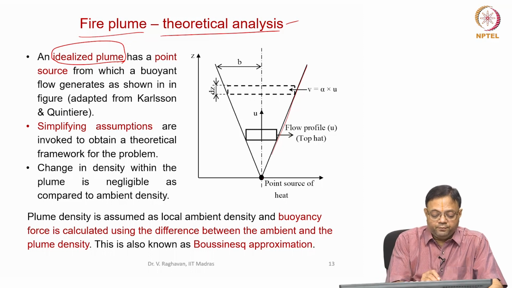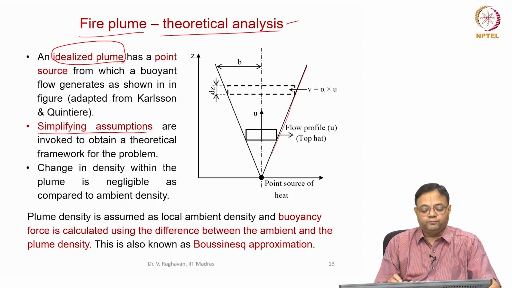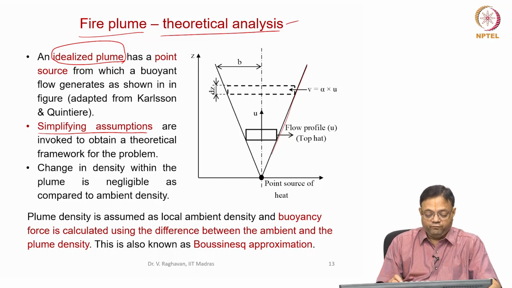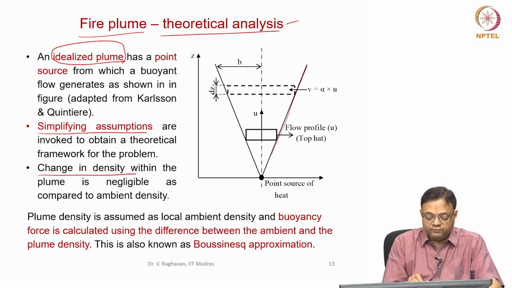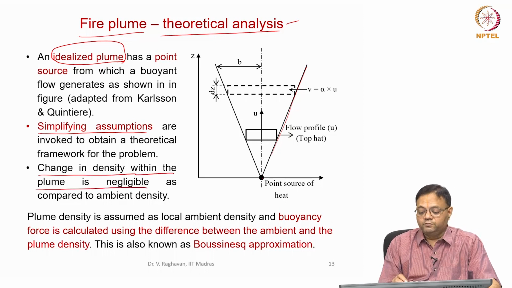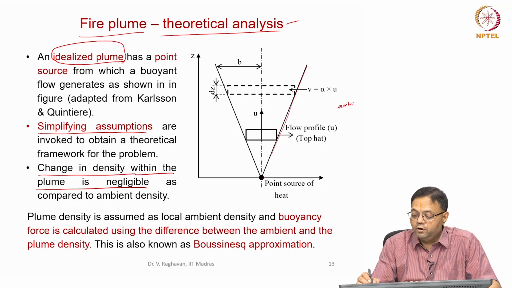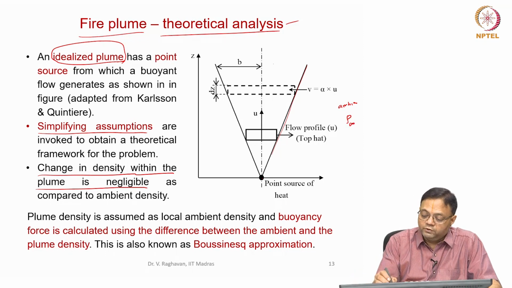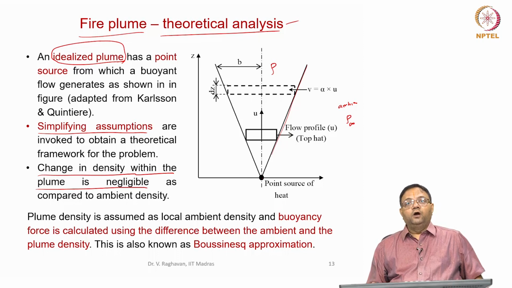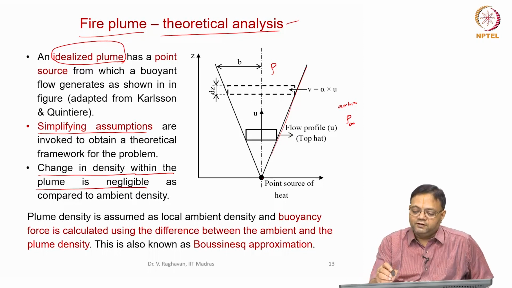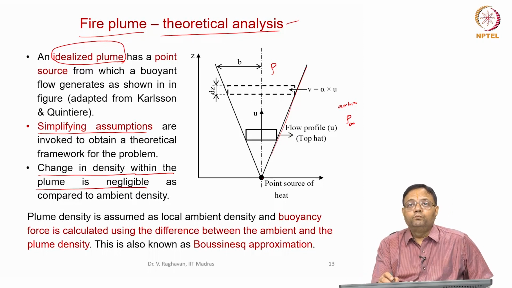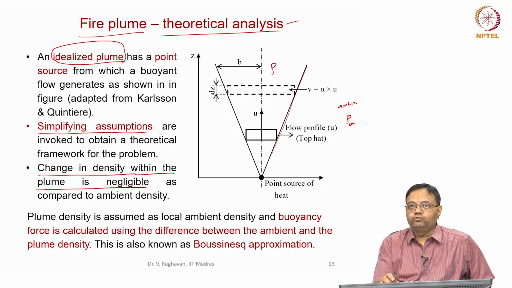Now, we can see that simplifying assumptions ought to be invoked in this. Okay, what are they? The first one is that the change in density within the plume is negligible. So, this is the plume edge, this is the plume area and this is ambient. Ambient density is rho infinity. Within the plume, the density is rho, that is it. Obviously temperature varies in the plume, which means density should also vary.